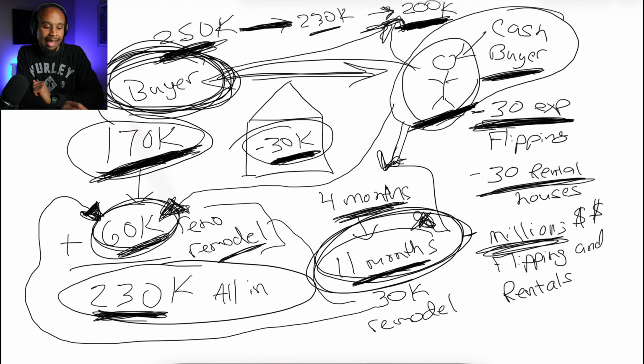So if this was the worth of the house in as-is condition, 170, because it was already in livable condition, I would have probably offered maybe 130, 140, something like that.